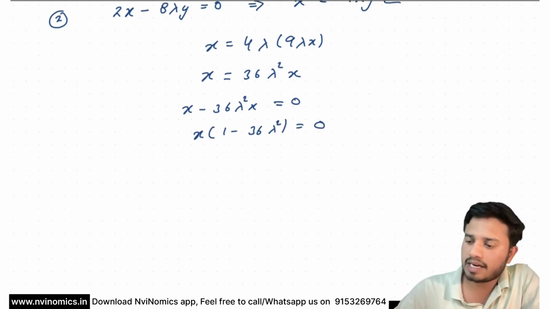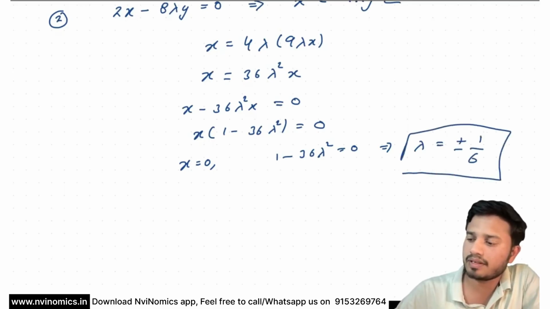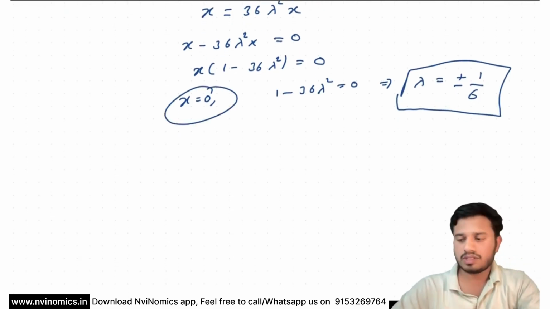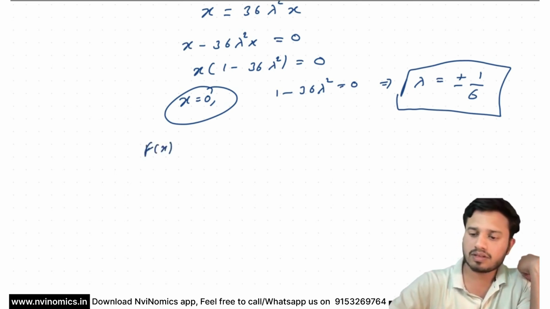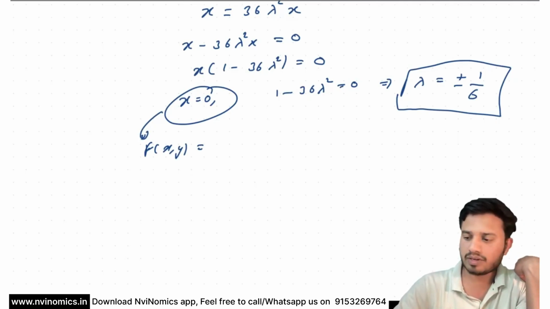Now either x can be 0 or 1 minus 36 lambda square can be 0. If it is 0, then we find that lambda equals plus minus 1 by 6. Solving, you will get this. Now x cannot be 0, because if x is 0, then f of xy, which is 2xy, will become 0.